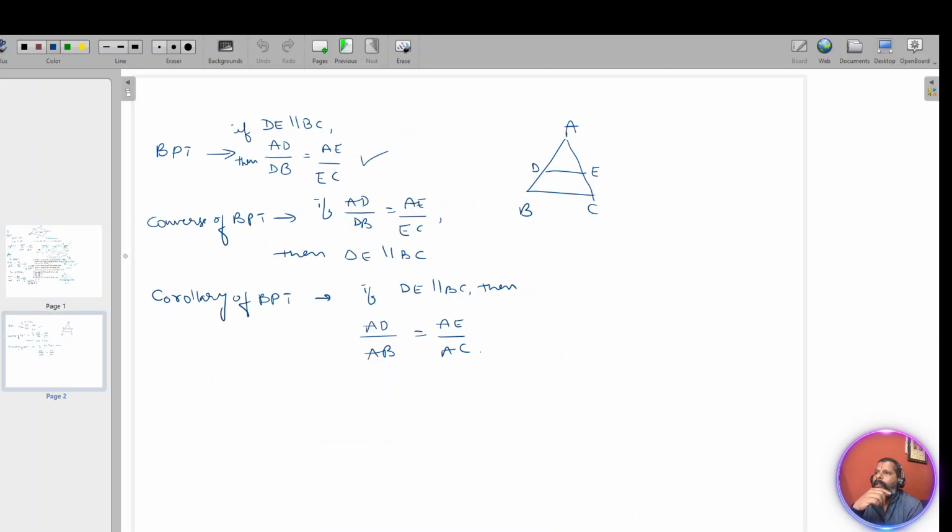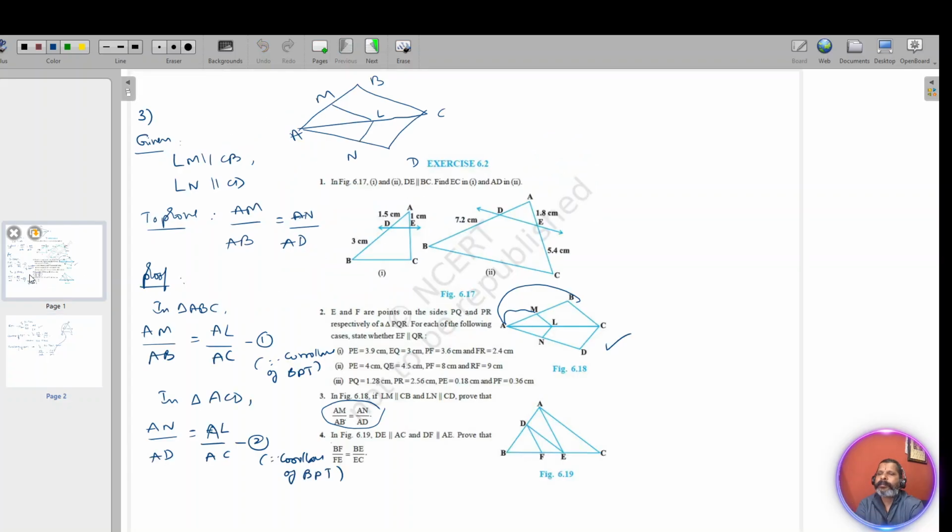Check out here. See, AD by AB is nothing but here corollary. Okay. Similarly, once you apply like this, observe the equations we marked 1 and 2. The right hand sides are equal, right? Therefore, we'll write the left hand sides should be equal. Therefore, from 1 and 2, we get what?